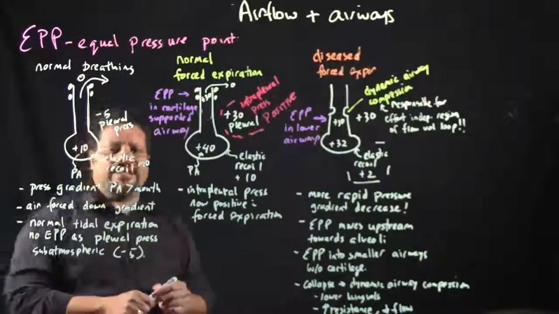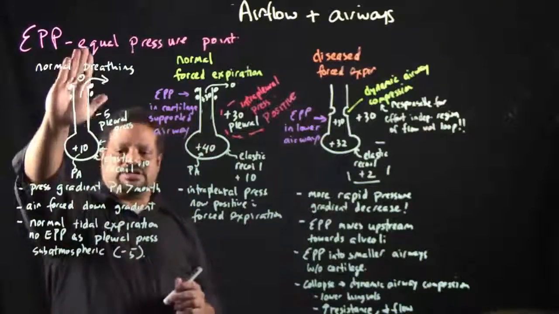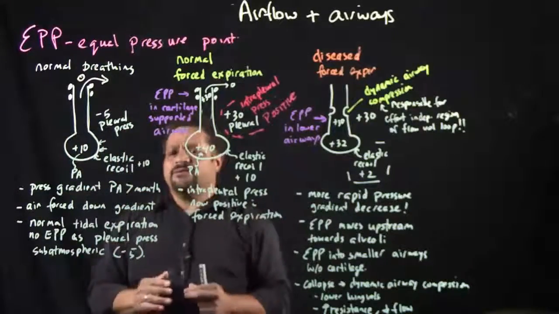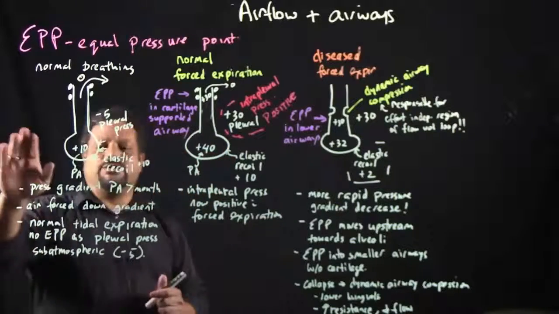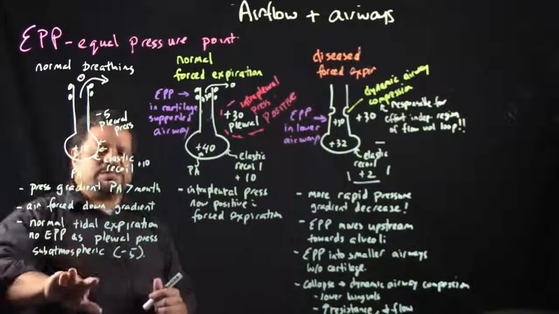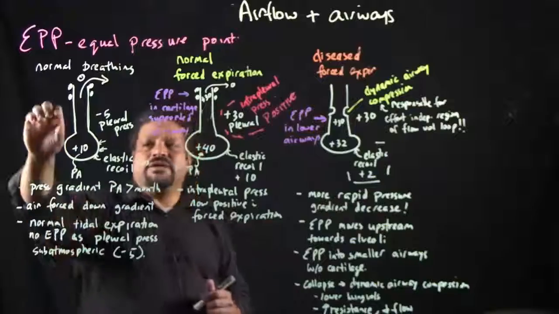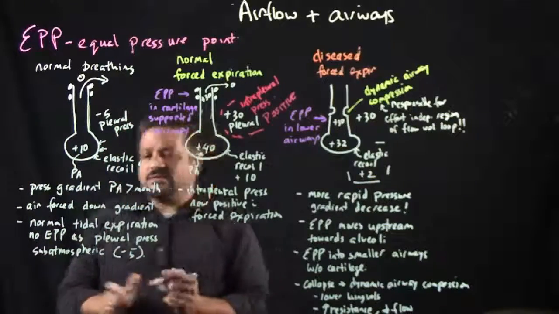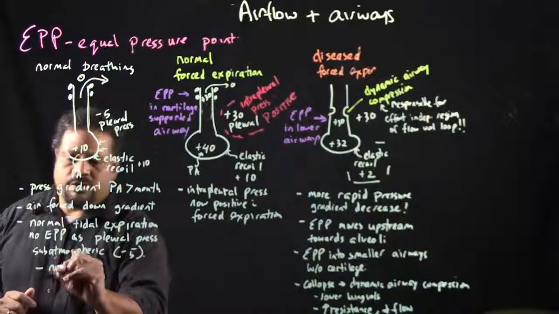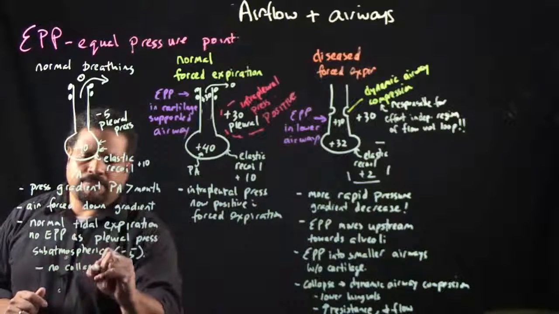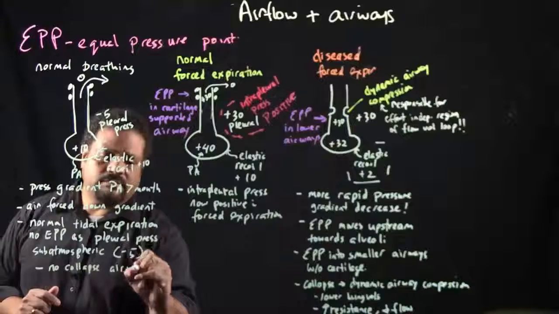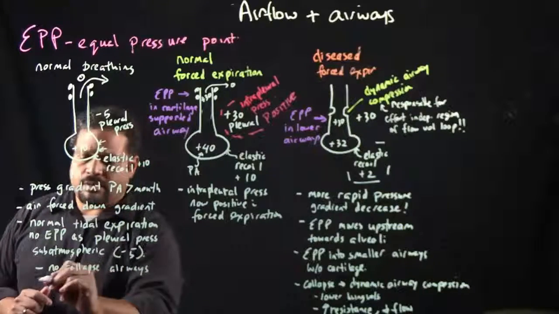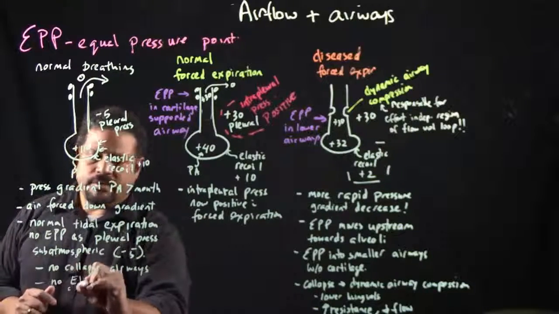Okay, and the air will be forced down that pressure gradient. And with a normal tidal expiration, we're not going to have an equal pressure point because the pleural pressure is subatmospheric. So the pleural pressure will not cause a collapse of the airways. So no collapse of airways. No EPP.